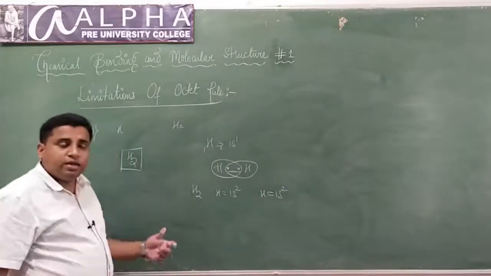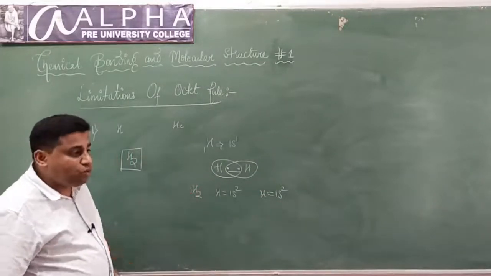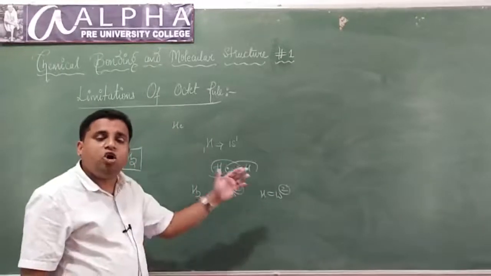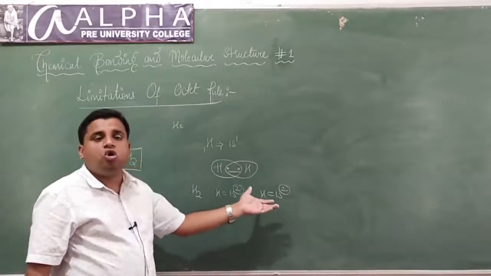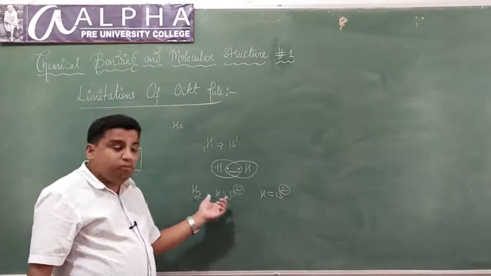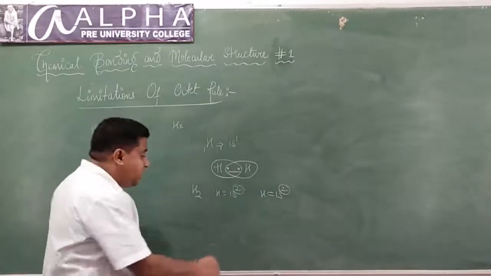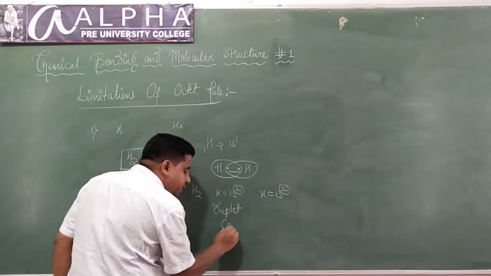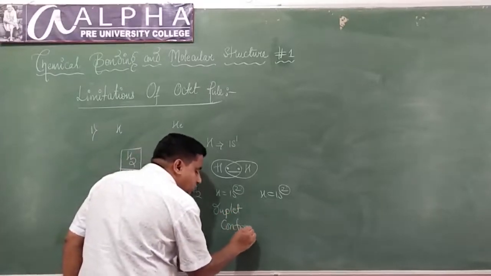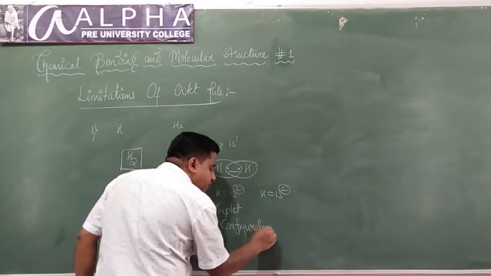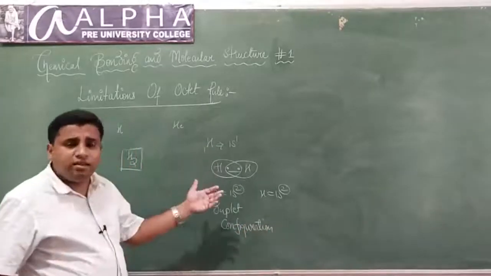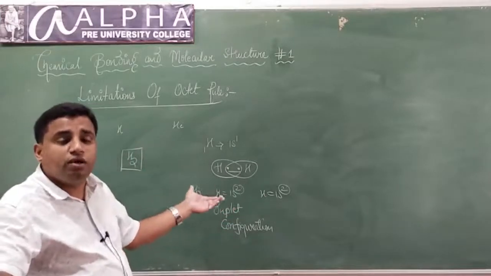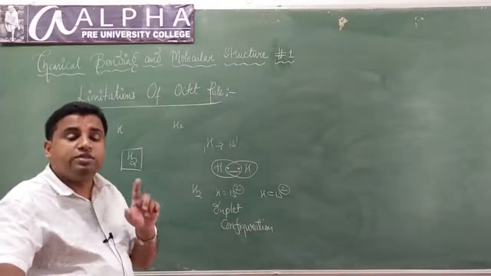Look here, each hydrogen in the hydrogen molecule has 2 electrons. Is there any octet configuration? There is no octet configuration. There is a duplet configuration. There are no 8 electrons in the hydrogen atoms of the hydrogen molecule, but still they are stable.